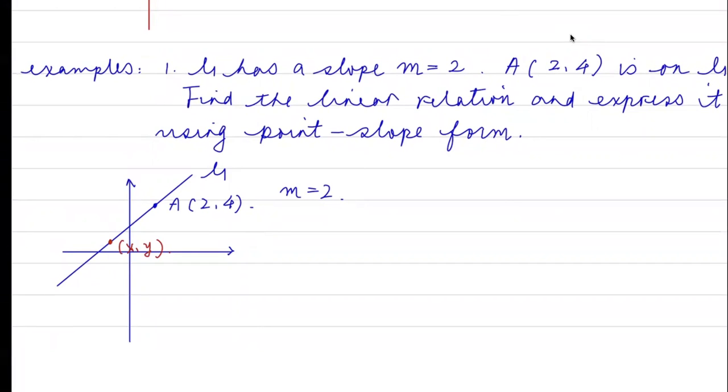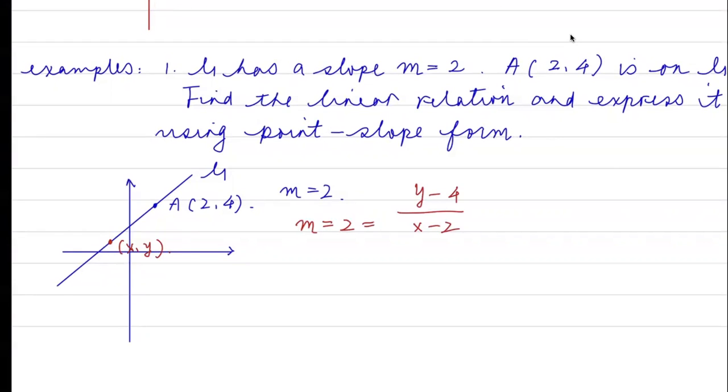So we can say the slope m is equal to 2, which is equal to y minus 4 over x minus 2, right? Like I said, we can say this point is x, y. It doesn't matter. Why?